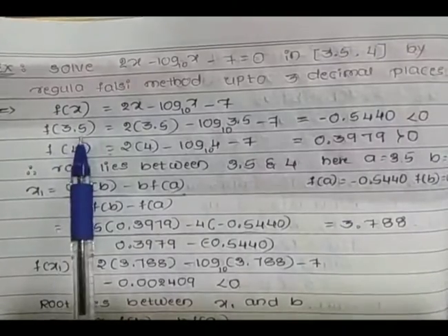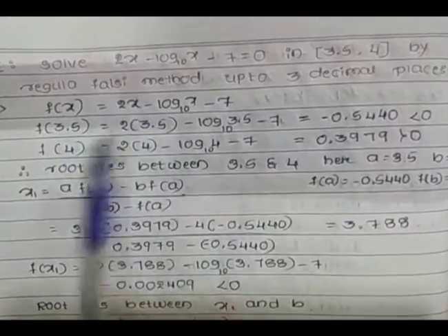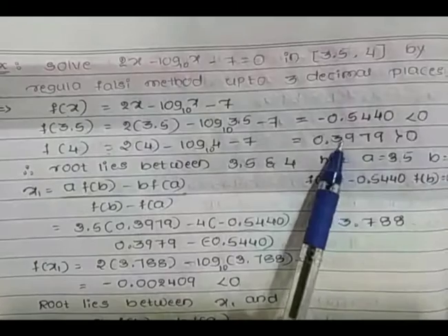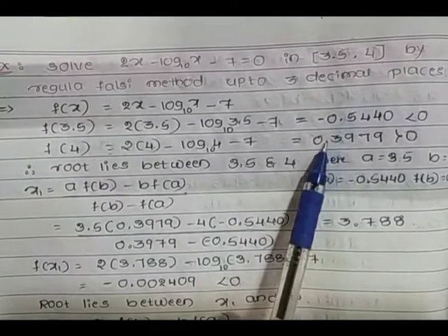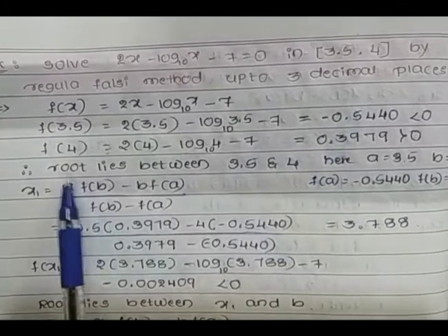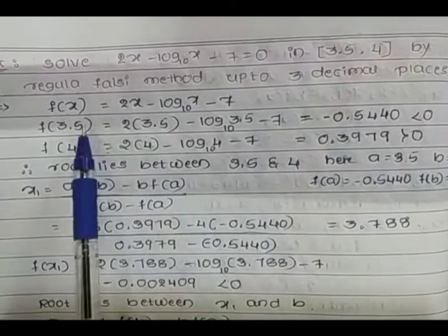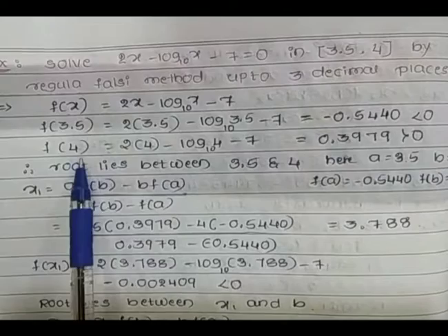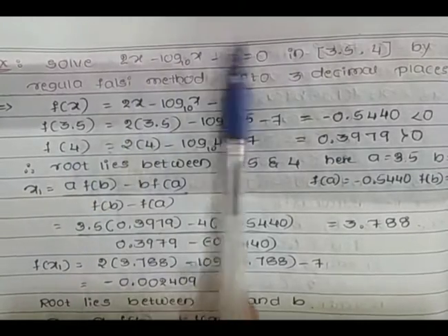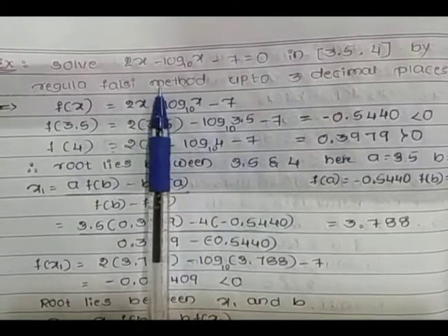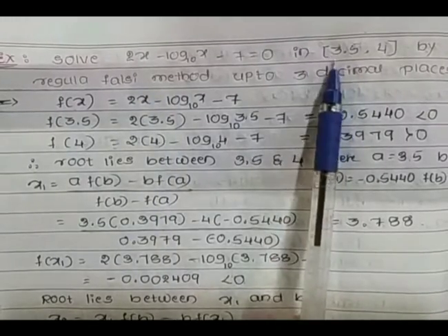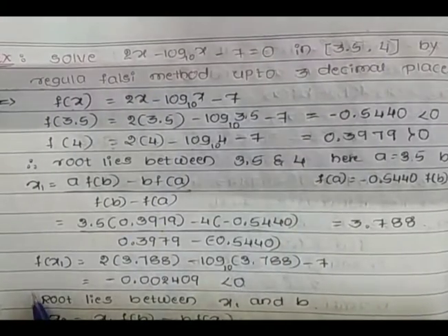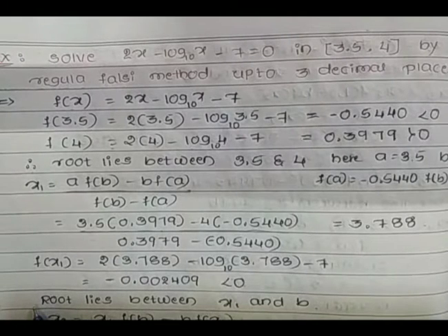So f of 3.5 is giving us a negative value and f of 4 is giving us a positive value. So these two are of opposite sign. Therefore, we can say that here the root lies between 3.5 and 4. So whatever answer we get for this transcendental equation as a root, that answer will be within 3.5 to 4, greater than 3.5 and less than 4.